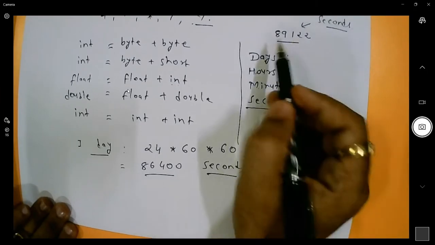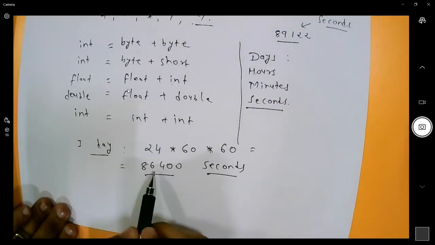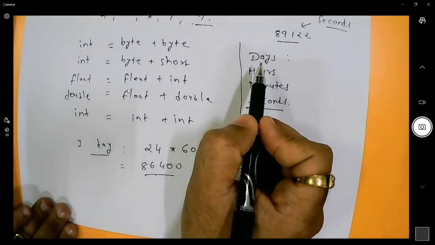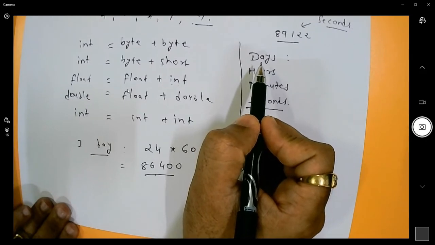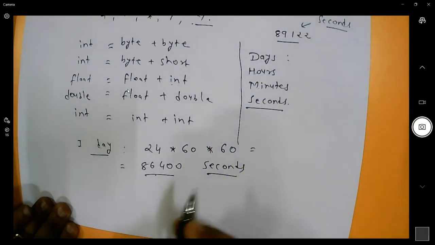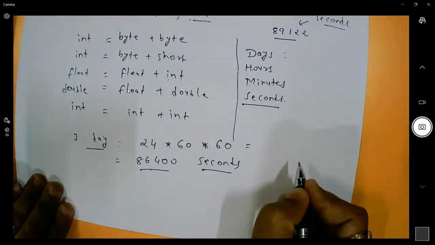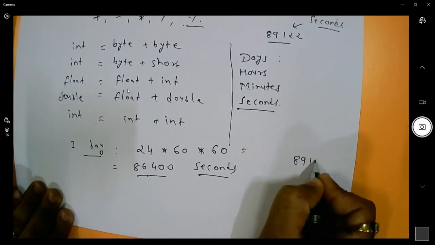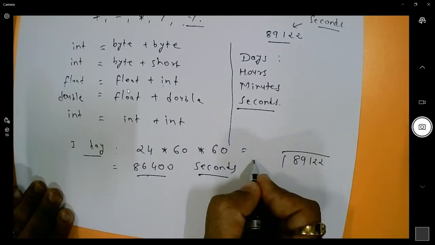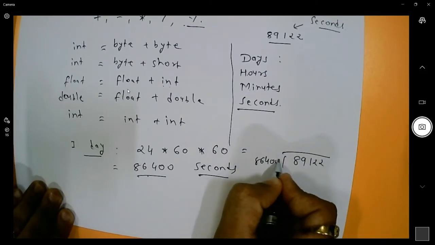Now, if the seconds value is larger than 86,400, then there is at least one day. So how can we do this? Very simple. You can just write your seconds value, 89,122, divided by 86,400.